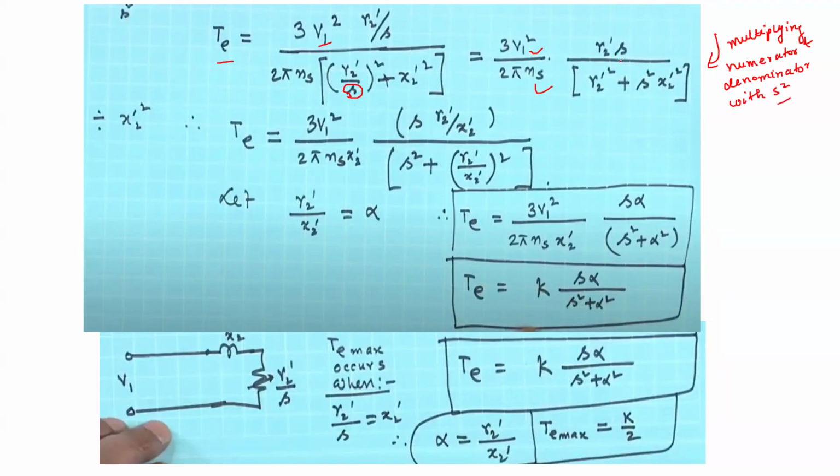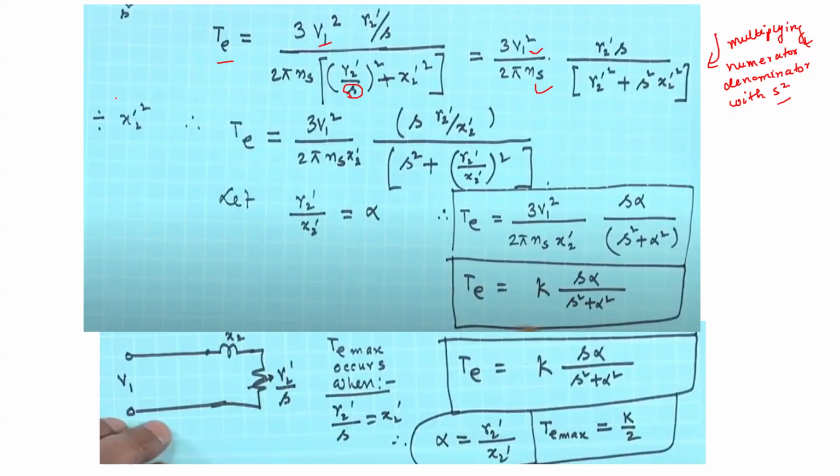So S squared into R2 dash by S, one S and one S in the S squared get cancelled. You will be left with R2 dash into S divided by R2 dash square plus S square X2 dash whole square. Okay, so like this.